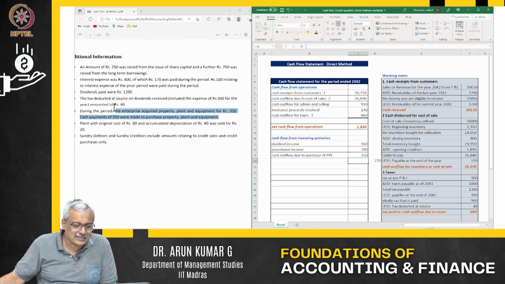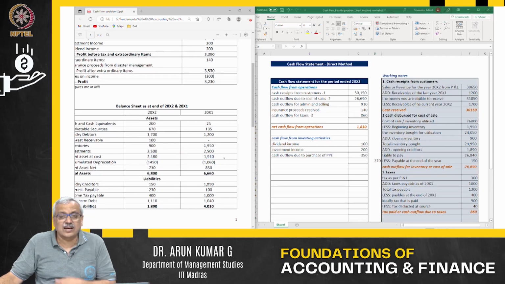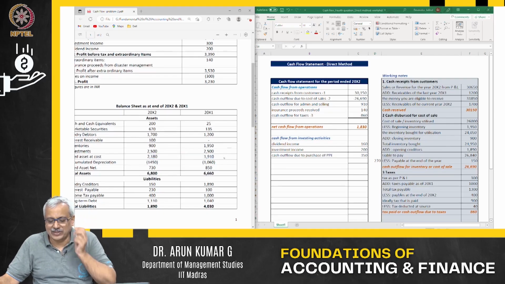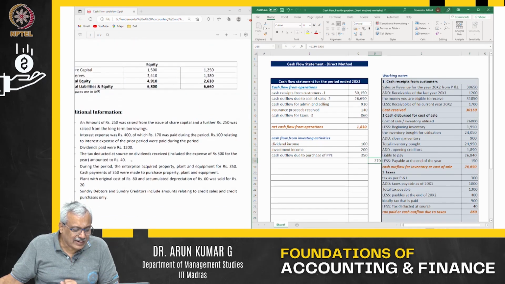We took the original cost, the gross value, and said 270. So a plant with the original cost of $80 was sold. I have bought a new plant for $350 and sold an old plant for 80. That means the net purchase is 350 minus 80, exactly 270, and that is the number we have got here.